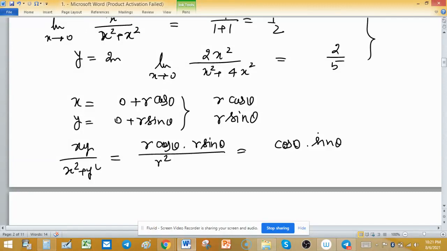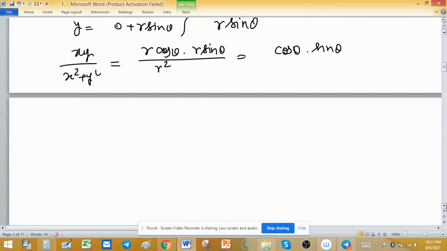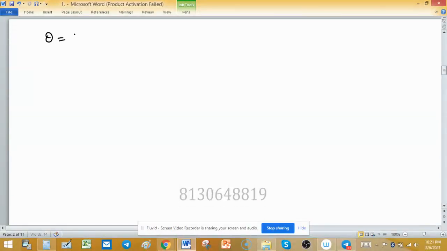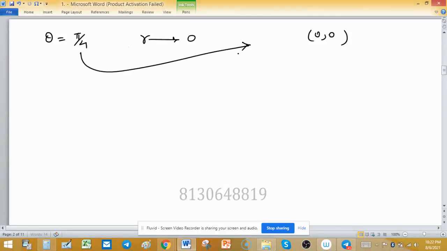So the function can be written in terms of theta in polar coordinates. Along the path we fix the value of theta as pi by 4, and r tending to 0. If r tends to 0, it means we are reaching the point (0,0) in the direction of theta equal to pi by 4.